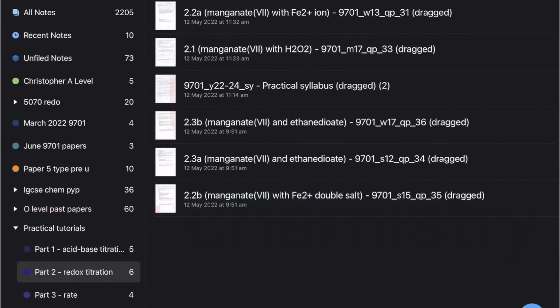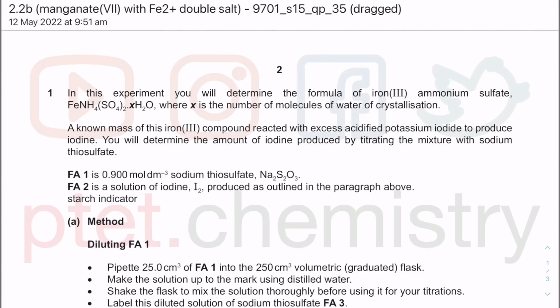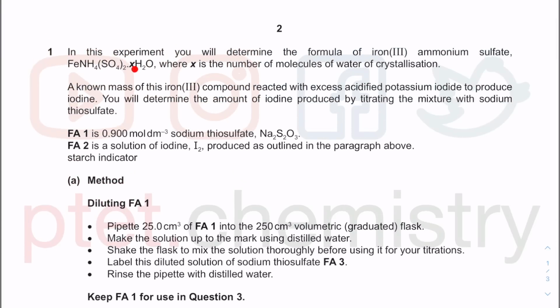So I'm going to skip some of these. This one is just working out the formula of this water of crystallization by doing titration with this iron 2 plus, because the NH4 plus being a double salt, the NH4 plus does not react. It does not get oxidized by the H plus KMnO4, but this one can get oxidized.